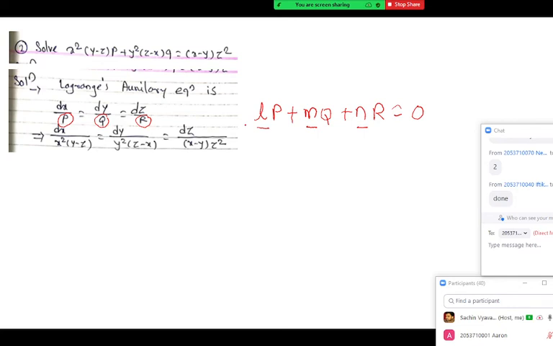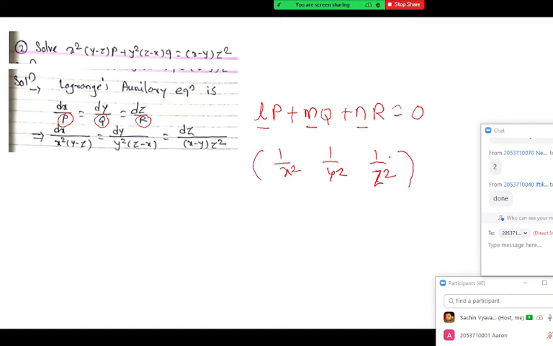So if I say my multipliers are 1 by x square, 1 by y square, and 1 by z square, if you divide p by x square, q by y square, and r by z square, then y minus z plus z minus x plus x minus y is 0. Is it?